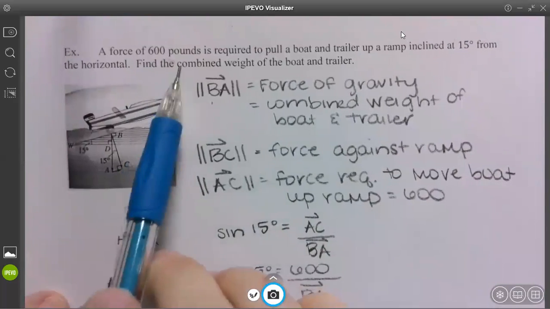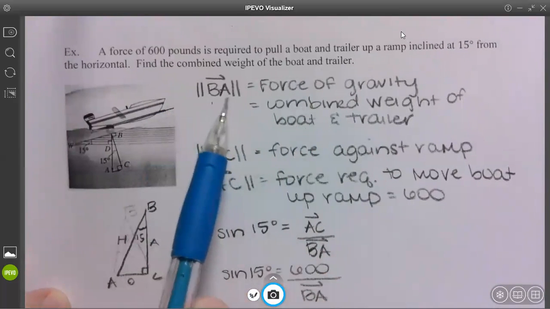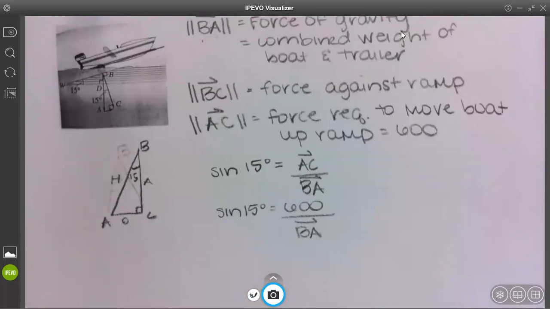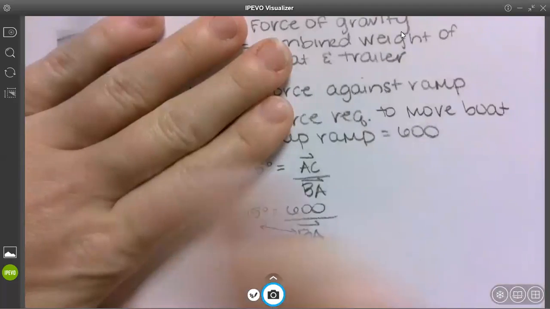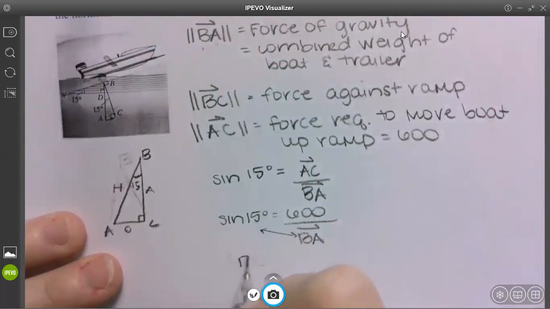And again, we're looking for the combined weight of the boat and trailer. So that's what we're looking for. That's why we used BA and we knew AC. Cheater method tells you to switch these two so that you can solve. Sorry, not that. BA is going to go up here.